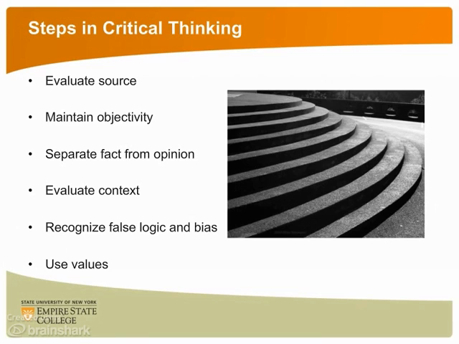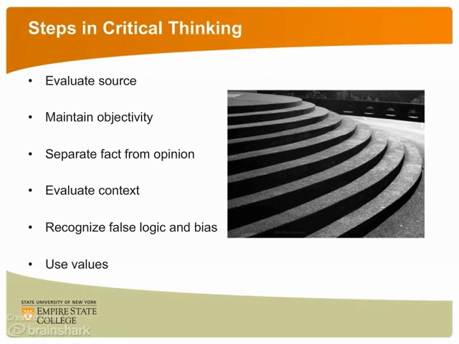The first, and perhaps most important step, is to evaluate your source. Because your background research is critical to your final product, you must ensure your data and research is valid. This is especially important if you use online sources. The next step is to maintain your objectivity. Remember that critical thinking is rational thinking, so work to minimize emotional responses. Another key critical thinking step is to distinguish between fact and opinion.